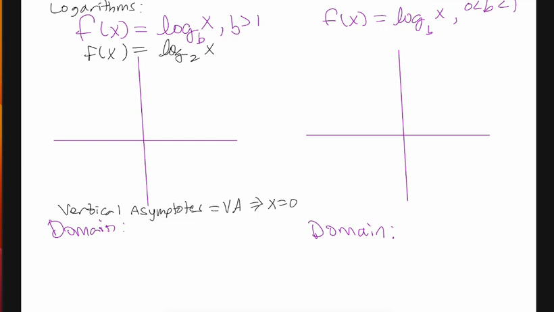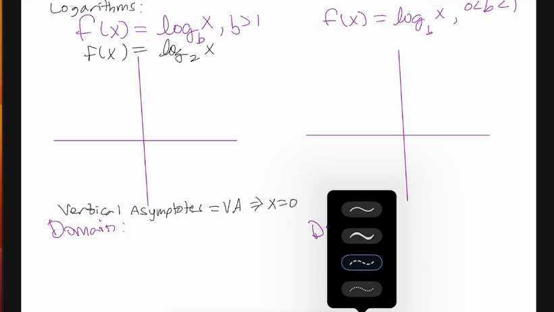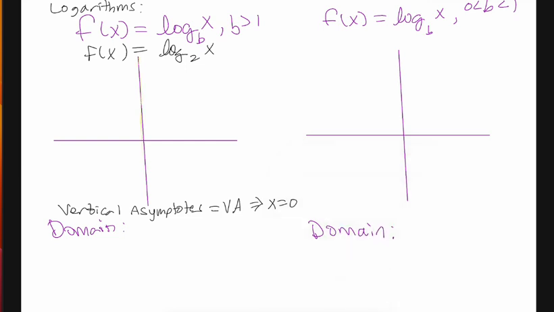So the first thing I'm going to do on my graph paper is I am going to put in a dashed line down the y-axis. And let's do it for both. They'll both have that. So we can say that both of them have a vertical asymptote at x equals 0.